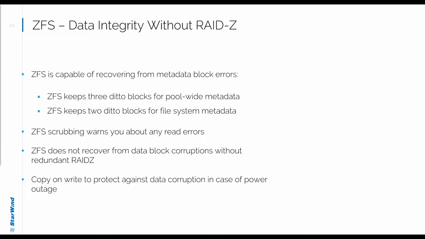Actually, ZFS keeps 3 copies for pool-wide metadata and 2 for file system metadata. So basically, each block pointer, as we discussed earlier, contains pointers to up to 3 copies of the block being referenced. But once again, ZFS does not recover from data block corruptions unless there is parity or mirror data.